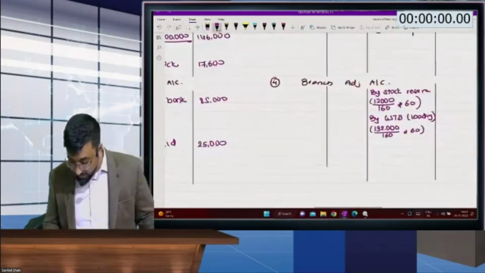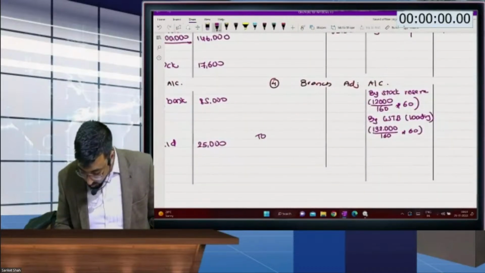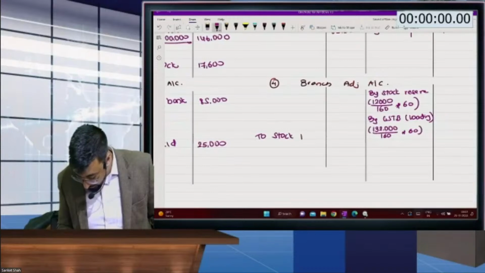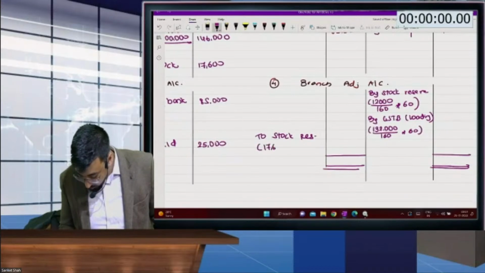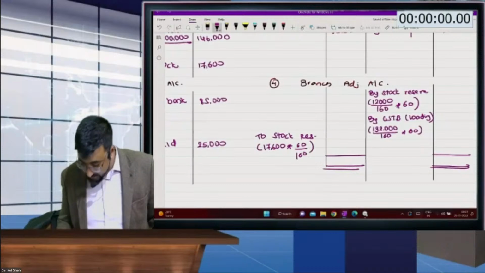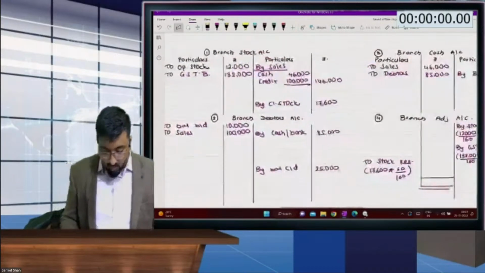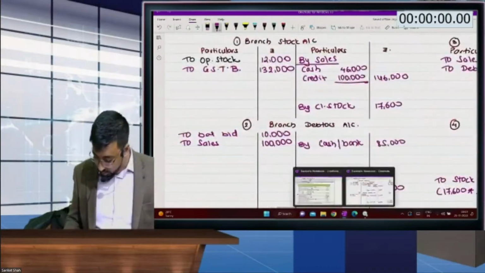Immediately we will cancel loading to stock reserve on the last line before total. Show the calculation, 17,600 into 60 upon 160. Do it later. Posting over.